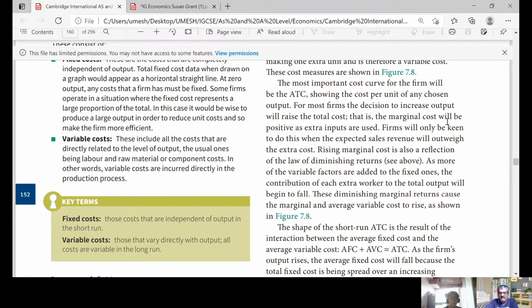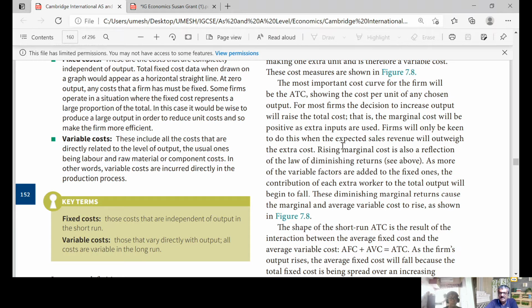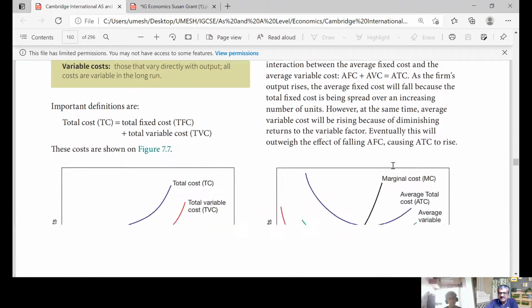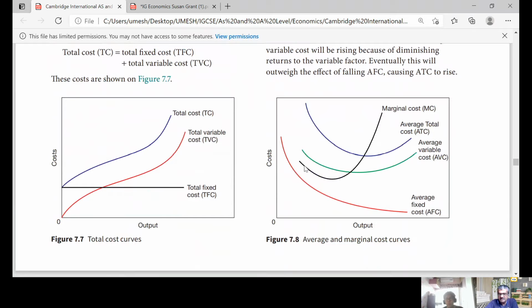Okay. Firms will only be keen to do this when the expected sales revenue, that is MR, will outweigh the extra cost. Raising marginal cost is also a reflection of the law of diminishing return. See, as I go on increasing the output, my marginal cost is increasing.